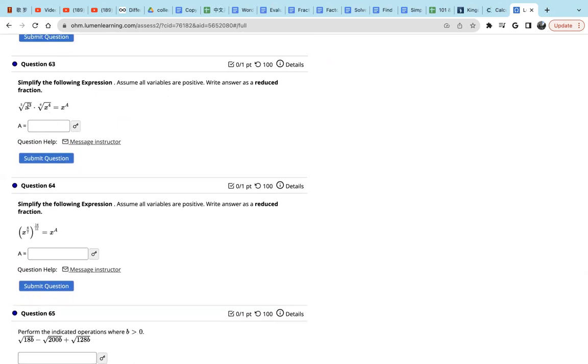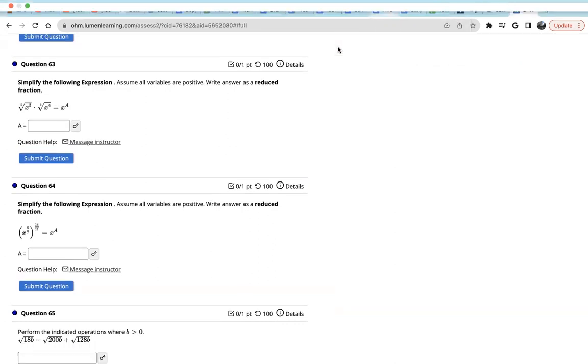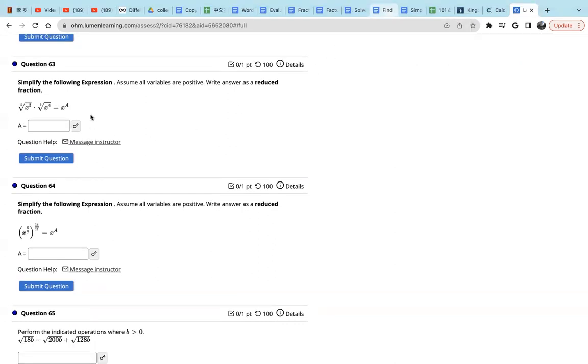Simplify this one. So let me write it in pencil. When we need to calculate it, we write it as a rational exponent. X raised to 3 over 5. Another one is x raised to 4 over 6, the same base, so we add the exponents. 4 over 6 can be simplified as 2 over 3.